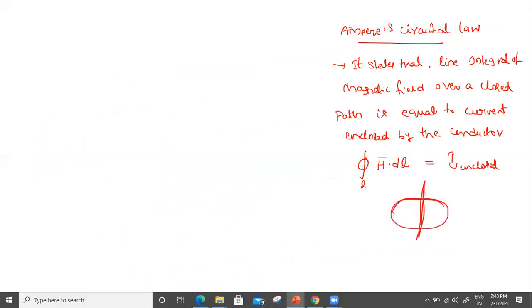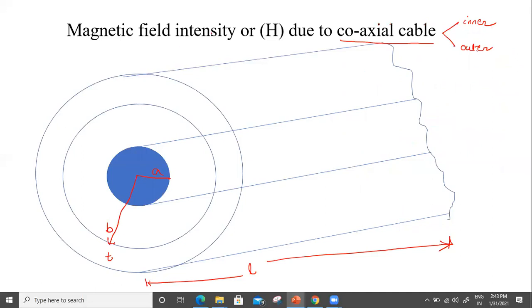For this, we can apply Ampere's circuital law. Therefore, the line integral of magnetic field over a closed path is equal to the current enclosed by the conductor. With the help of Ampere's circuital law, we can find the magnetic field intensity of a coaxial cable in different cases.